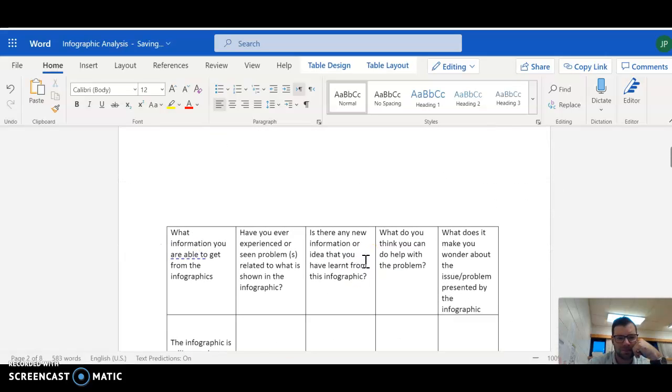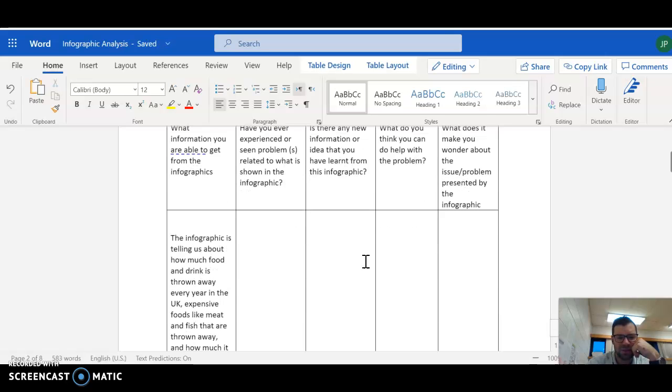Okay, let's go up. Have you ever experienced or seen problems related to what is shown in the infographic? I would say I'm going to answer this personally here.